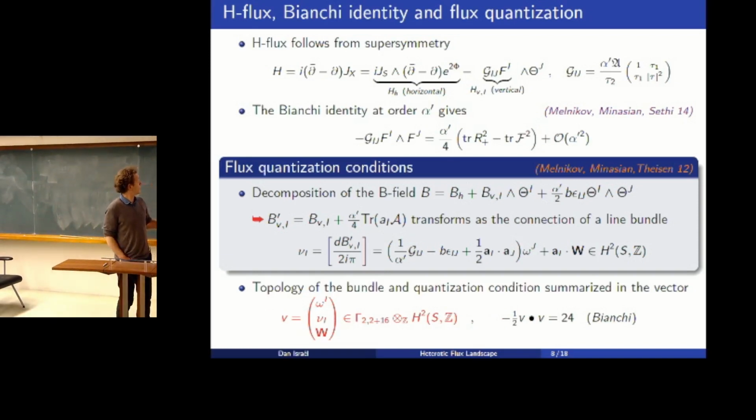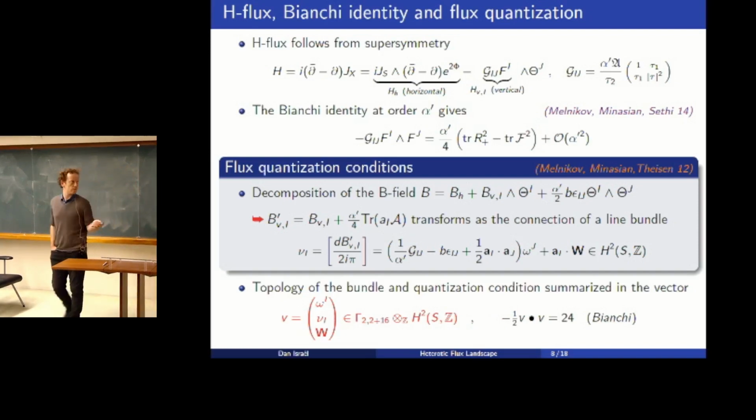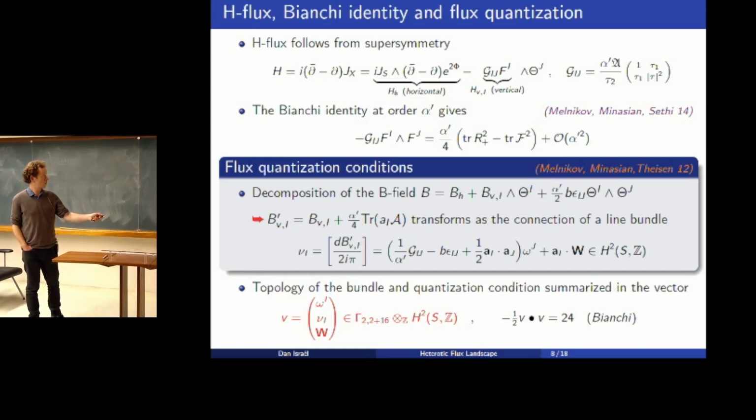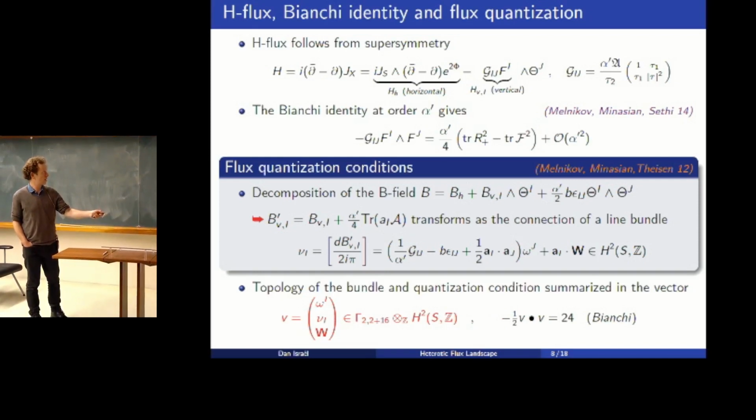This part transforms exactly as a connection on a line bundle, which means that you have the corresponding first Chern class that should be quantized. So it gives you a class here, which is a combination of the omega which defines the fibration.